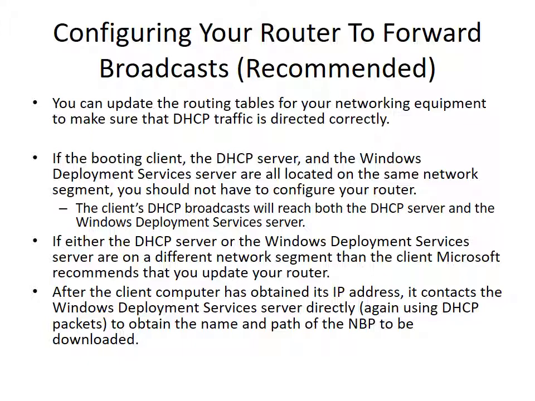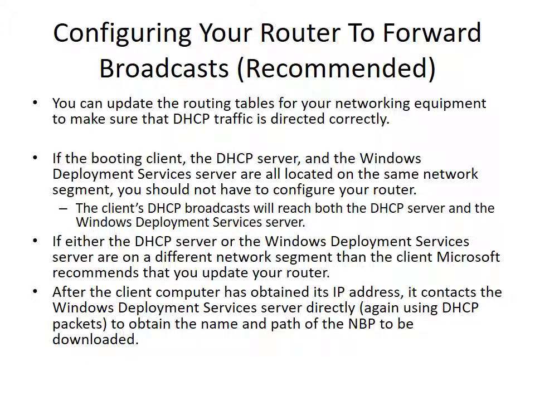Since they're all on the same network, they're able to talk to each other. If either the DHCP server or the Windows Deployment server is on a different network segment from the client, then Microsoft recommends that you change the routing table in your router.